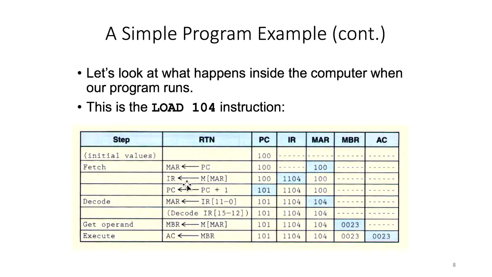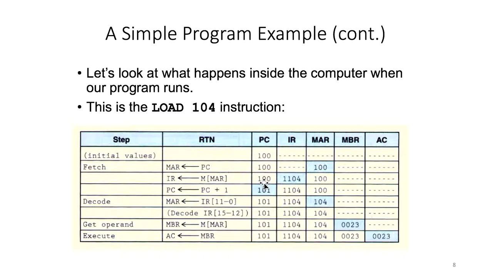and copies the content into the instruction register. The content at 100 means load 104, so the content of the instruction register is represented by 1104. The first number 1 represents the load instruction, and 104 means the address in memory whose content will be loaded. The MAR and PC stay the same.